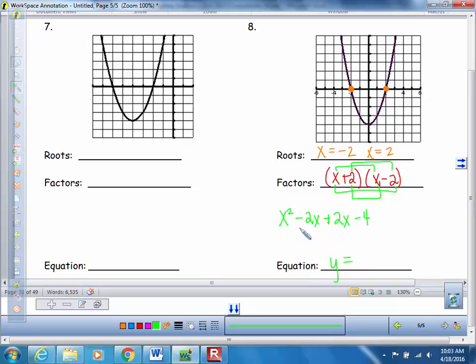X squared is not going to change, so we put x squared. Now, if I have a negative 2x and a positive 2x, what does that give me? 0. Okay? So a negative and a positive with the same number is going to cancel out. So those go completely away, and all I'm left with is minus 4. Okay? So I wanted to make sure y'all see that so you know that those immediately cancel out.